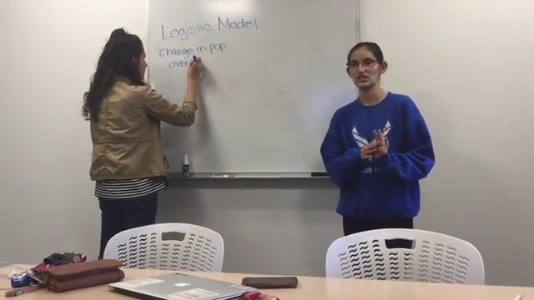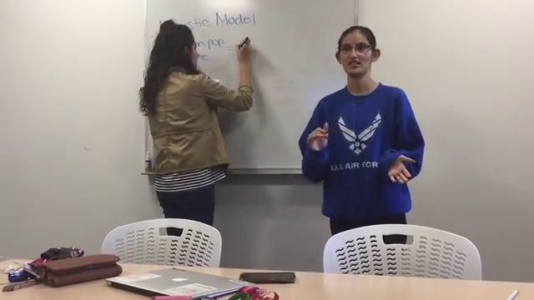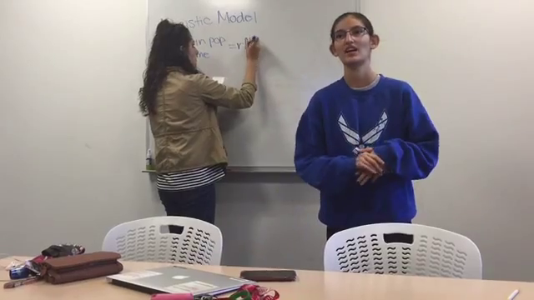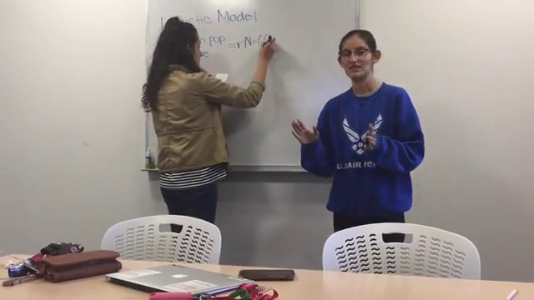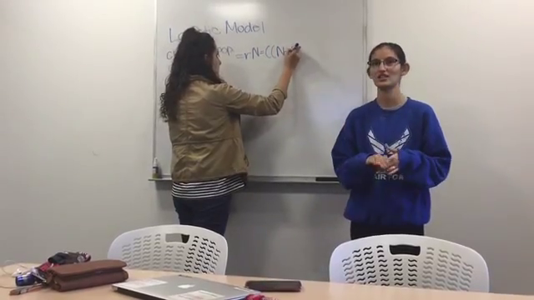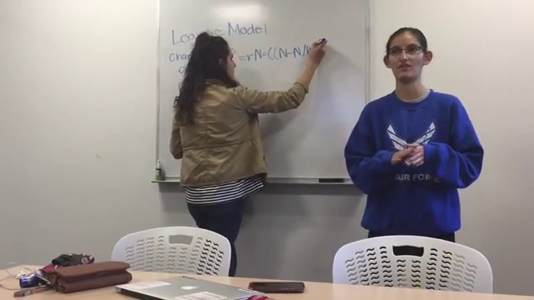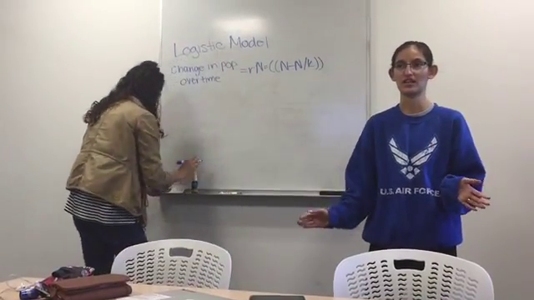So this equation is R times N times the quantity of K minus N divided by K. This may seem like a lot right now, but once we explain what each of them mean, it will make much more sense. So R is our natural growth rate of the species in absence of predation.